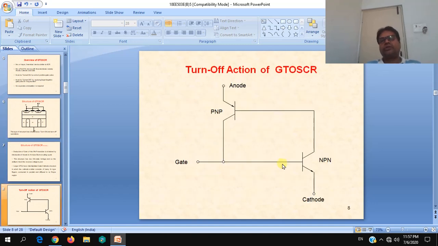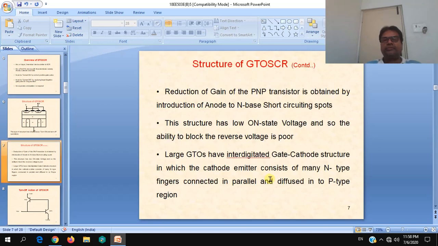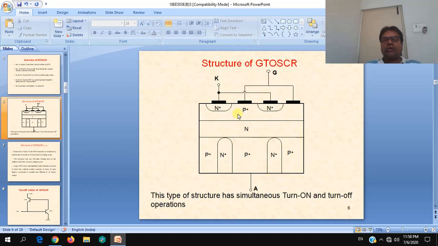So just similar to the SCR, we can visualize the equivalent circuit as if the same PNP and NPN transistors are connected back to back. The same sort of cumulative actions occur, but in this case, for turn off also cumulative action takes place. Some of the electrons will be taken back from the cathode region to the gate region.